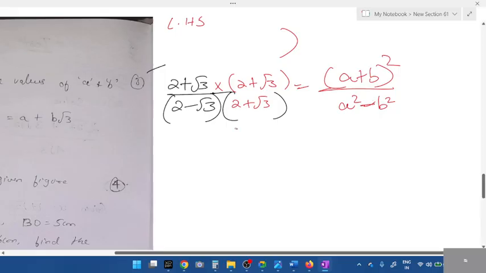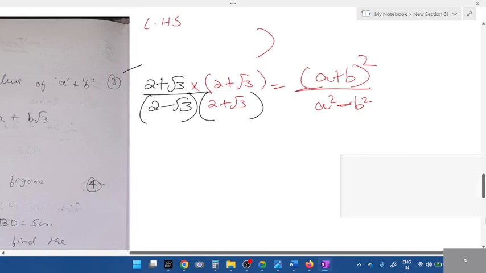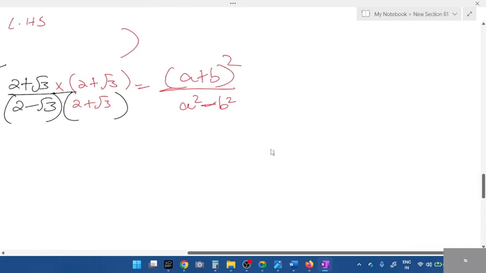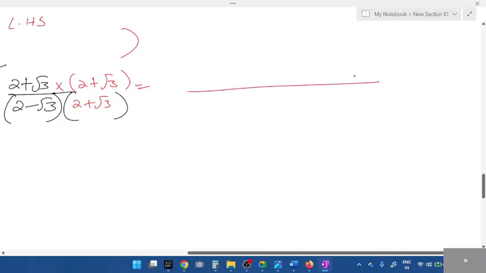How do you solve this, students? What will you get for the numerator? See, you don't have to write this. In exam, you don't have to write a plus b the whole square. You can straight away write the calculation part. Just for understanding, you can write a plus b the whole square. What is a plus b the whole square? Okay, no, 1 minute, 1 minute. You can write it like this. 2 plus root 3 is twice, students.